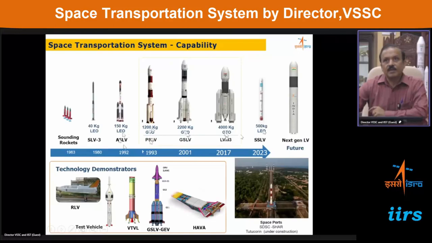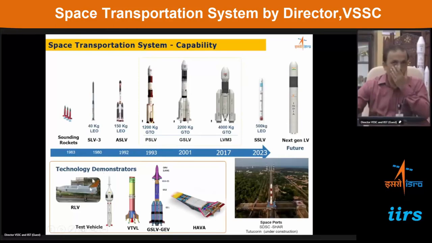Recently we added a 500 kg LEO small satellite launch vehicle looking at the world demand, and the first flight is over. And the next generation, the huge launch vehicle, is on the drawing board. Maybe the design will be finalized and it will go through.